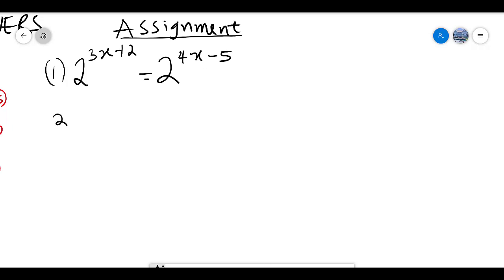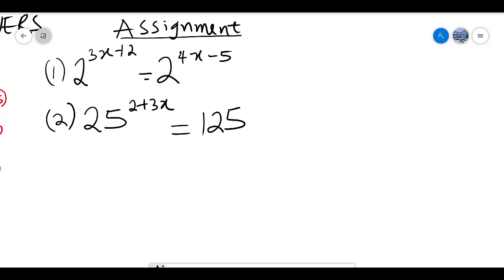Okay, the second assignment, 25^(2+3x) is equal to 125^(4-x).